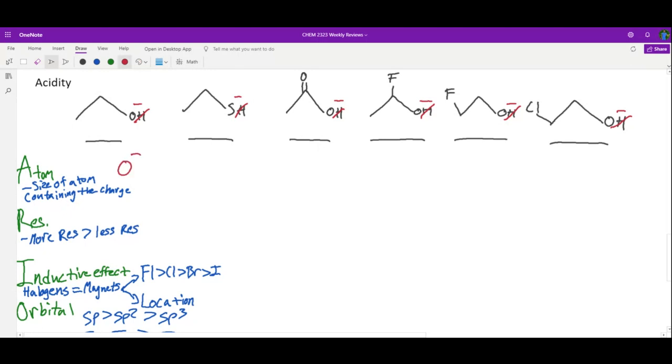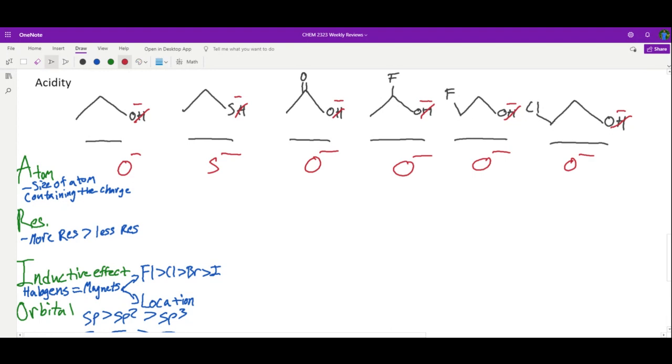By atom, I'm just going to put O negative, S negative, O negative, O negative, O negative, O negative, okay? If you remember our periodic table trend, acidity increases as you go down and to the right of the periodic table. Sulfur is directly one row underneath oxygen, which means it is a bigger size.